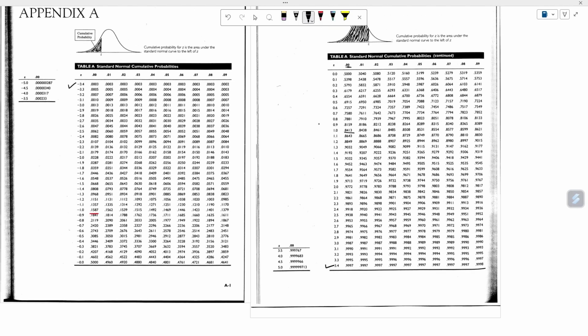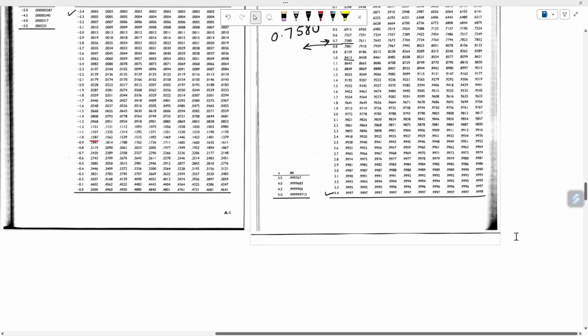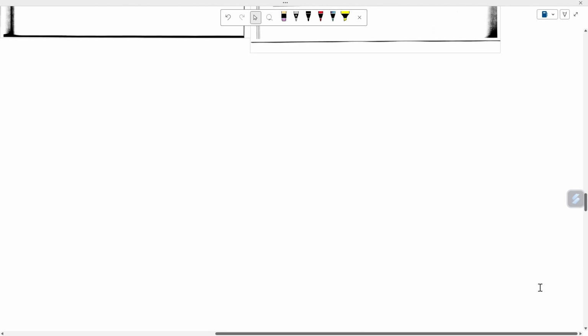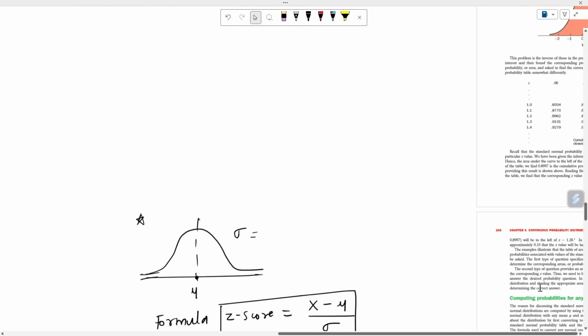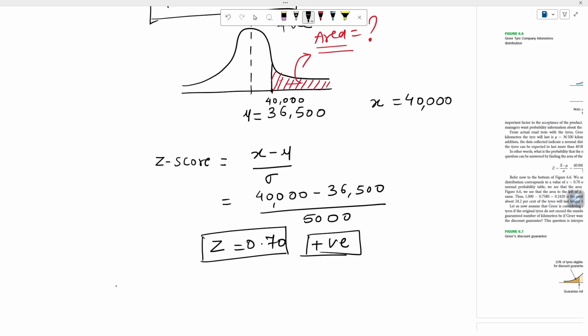So the z-score in this case is 0.70, and it gives us the probability as 0.7580, on the positive side. So the probability of x greater than 40,000 comes around 0.7580.